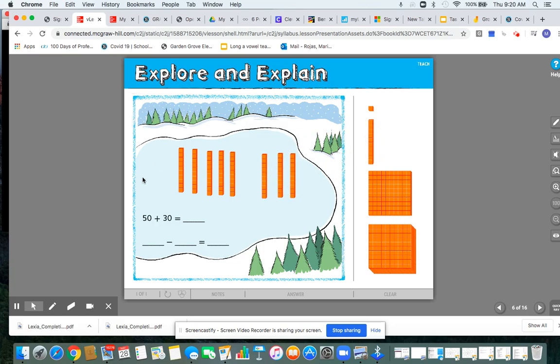So I just added all of these. Okay, so this is 5 10s and this is 3 10s. So I'm going to count them with the number 10, 20, 30, 40, 50, 60, 70, 80. So I am going to write the number 80 here.